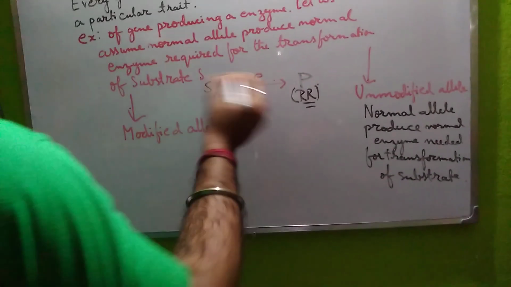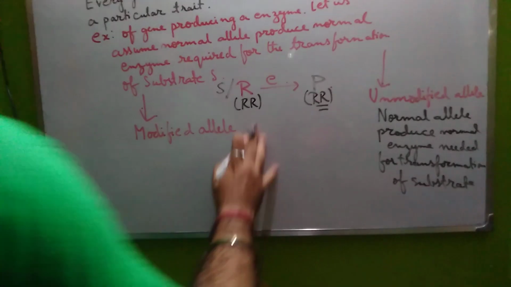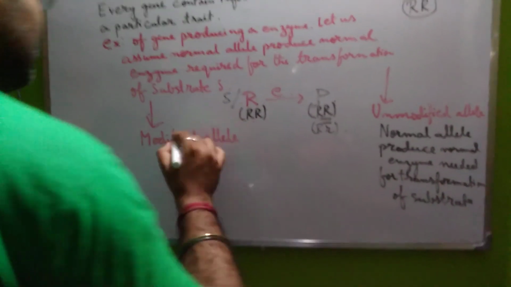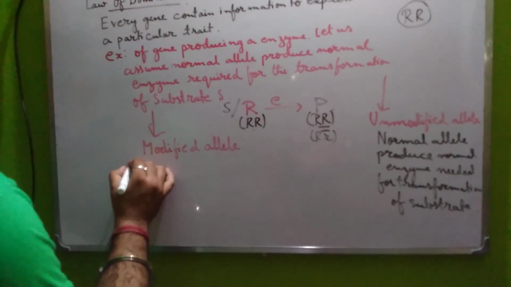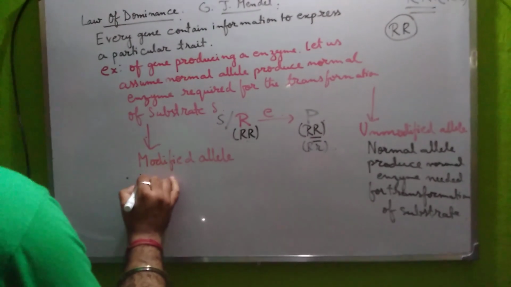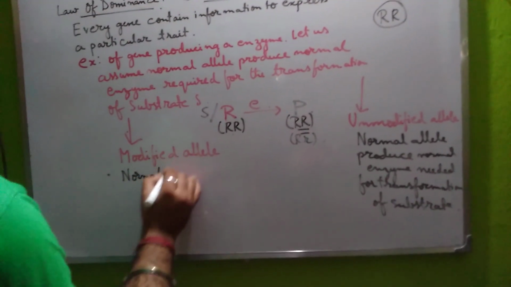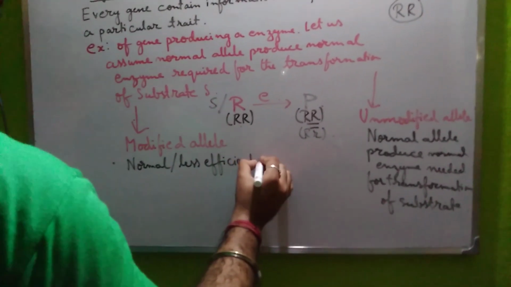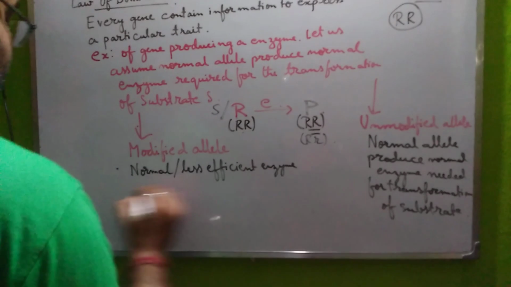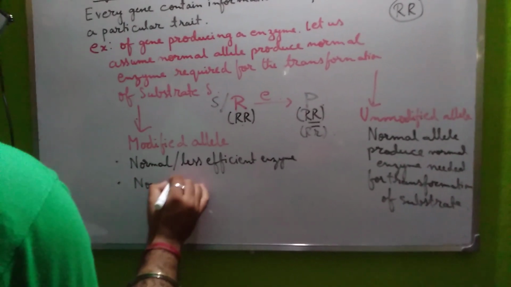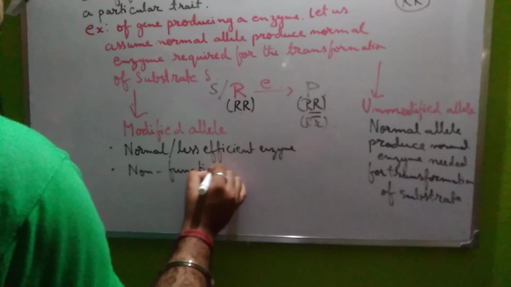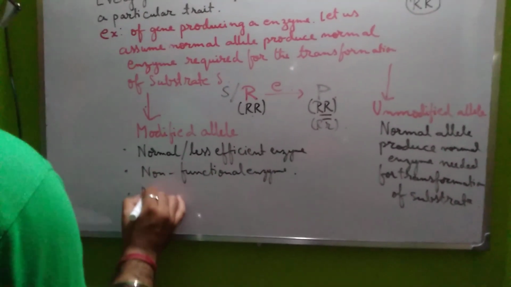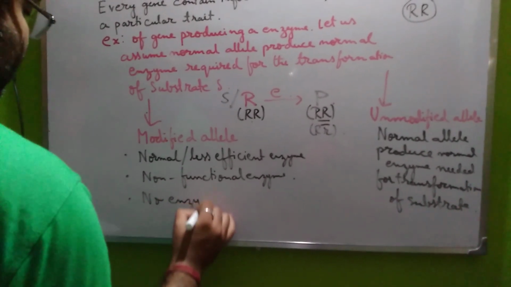If now this was capital R and now it has changed to capital R and small r, now this is a modified allele. The modified allele can be of either a normal or less efficient enzyme, it can be a non-functional enzyme, or it can be no enzyme produced.